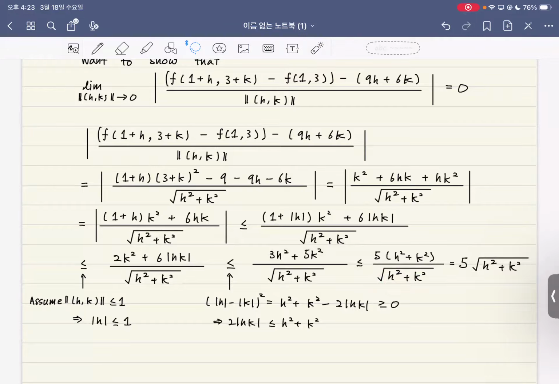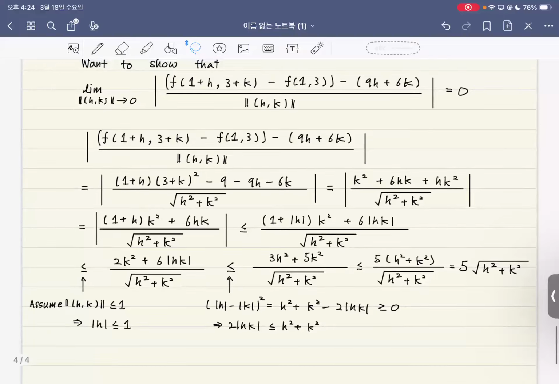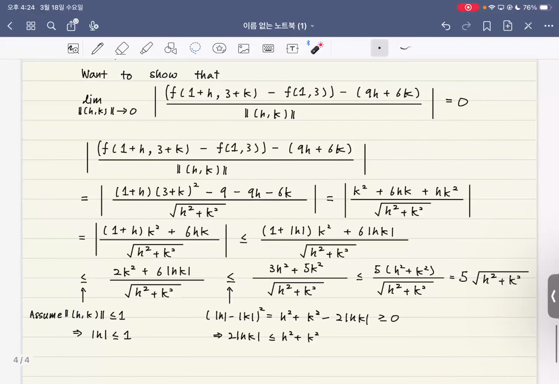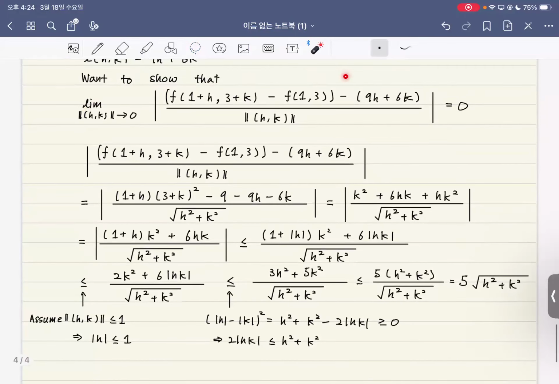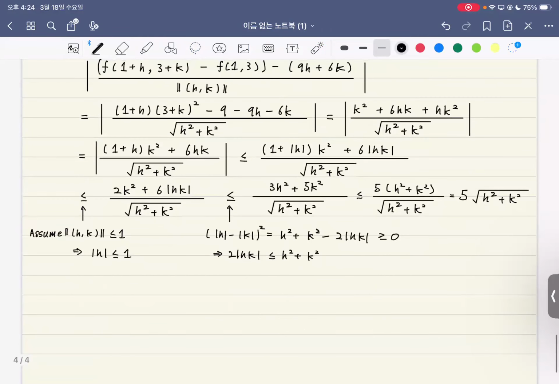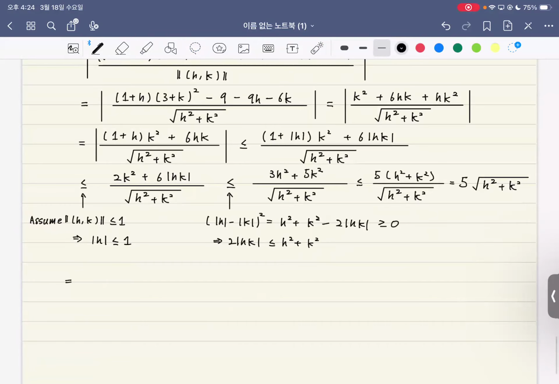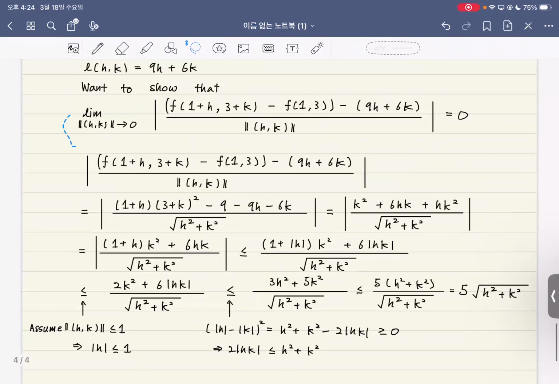Okay. So this is what we want to prove, right? But the limit, I will just copy and paste.